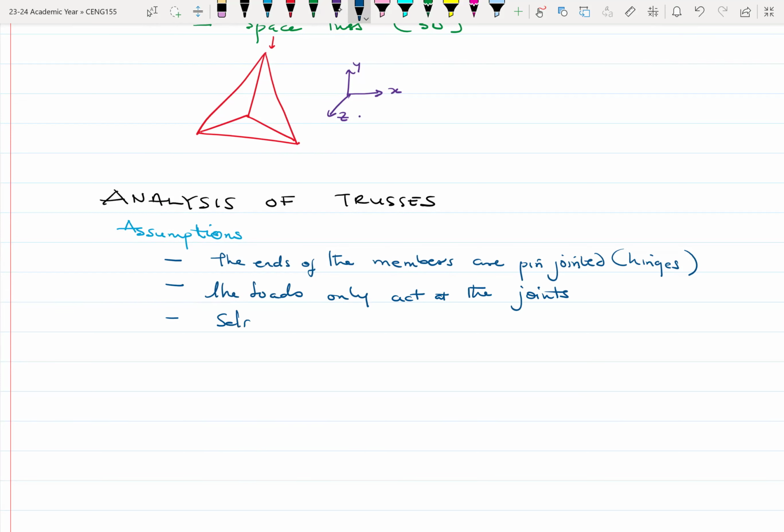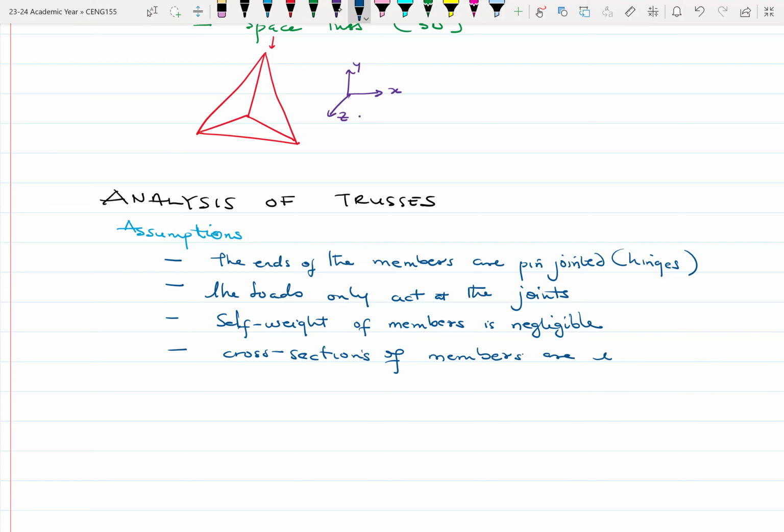Then the self-weight of the members is negligible, so we are not taking into consideration the weight of the members. And also the cross sections of the members are uniform.